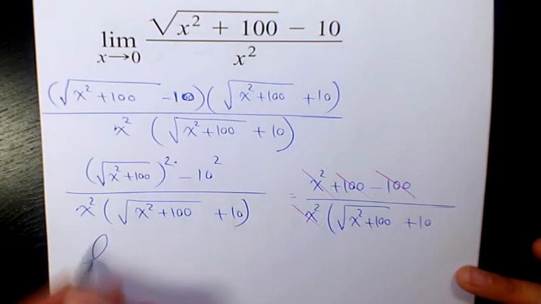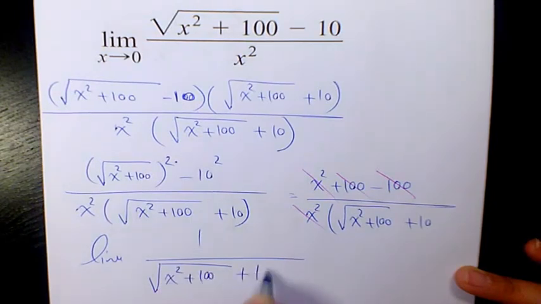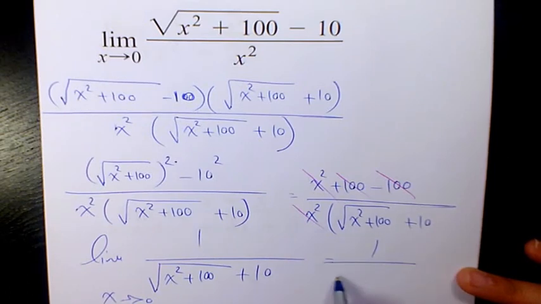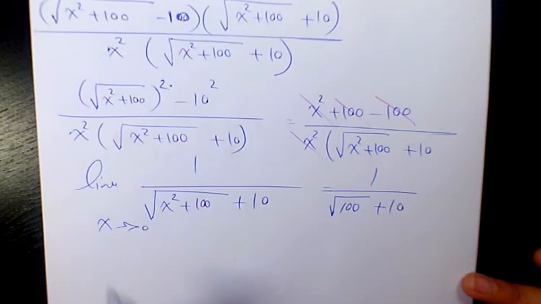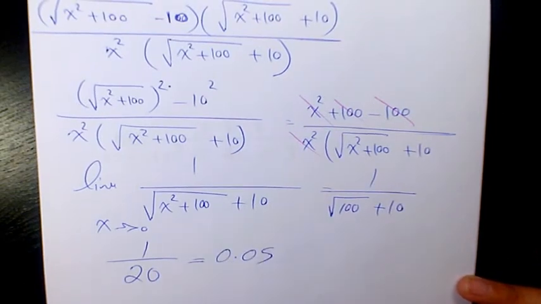We're going to end up having the limit of 1 over the square root of x squared plus 100 plus 10 as x approaches 0. It's going to be 1 over the square root of 100 plus 10. The square root of 100 is 10. So 1 over 10 plus 10, 1 over 20, or 5%, or 0.05.